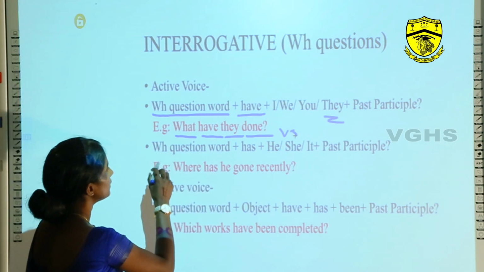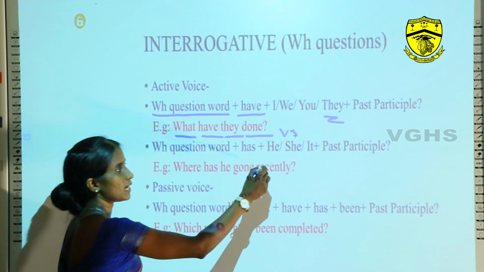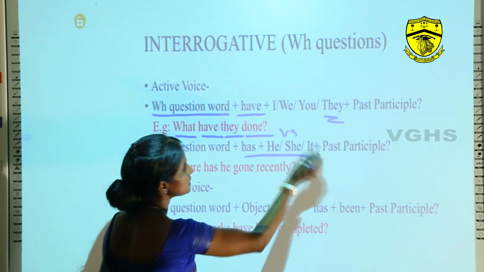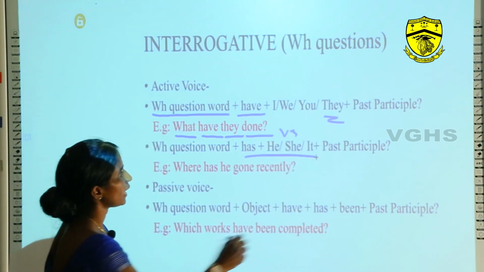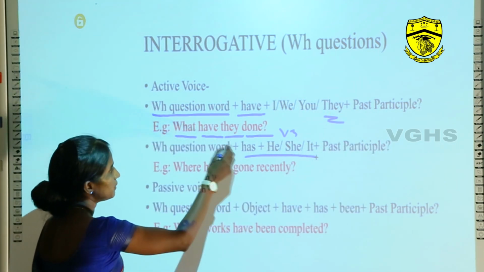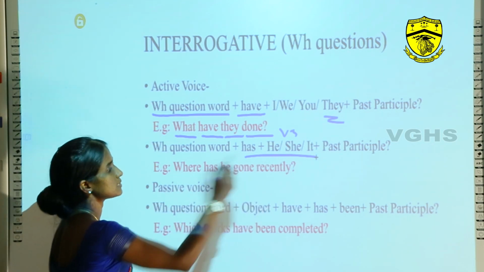Another example: WH question word plus has plus he, she or it. Here we mention singular subjects, plus past participle, and you must put a question mark. Example for a singular subject: where has he gone recently?